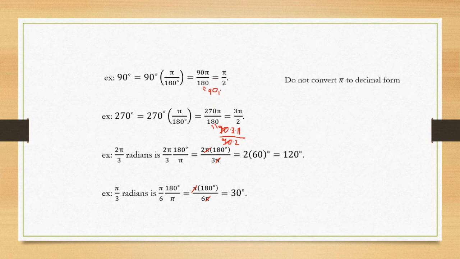I'm just trying to rewrite up here, showing you that 180 is actually 90 times 2. So now the 90s cancel. So we get pi over 2.